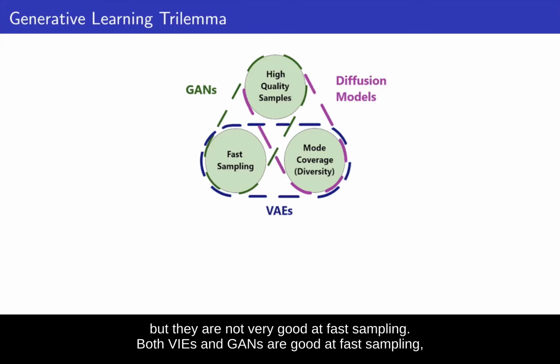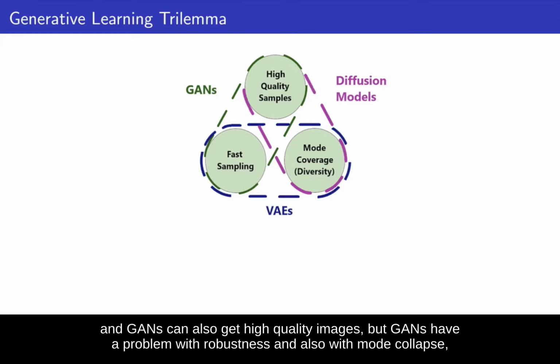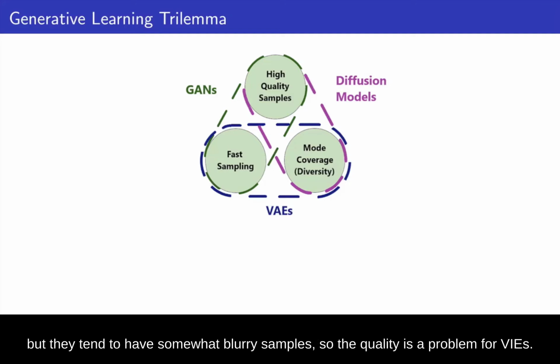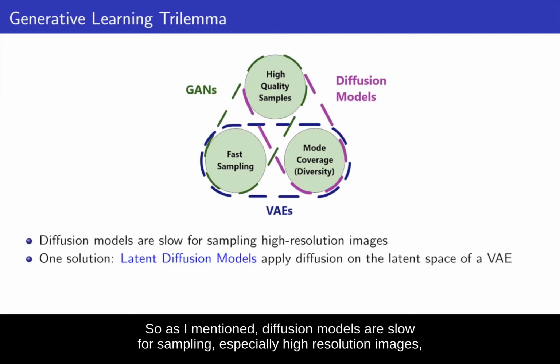Both VAEs and GANs are good at fast sampling, and GANs can also get high quality images, but GANs have a problem with robustness and also with mode collapse. So they tend to sample very similar images. VAEs tend to be good in terms of diversity, but they tend to have somewhat blurry samples. So the quality is a problem for VAEs.